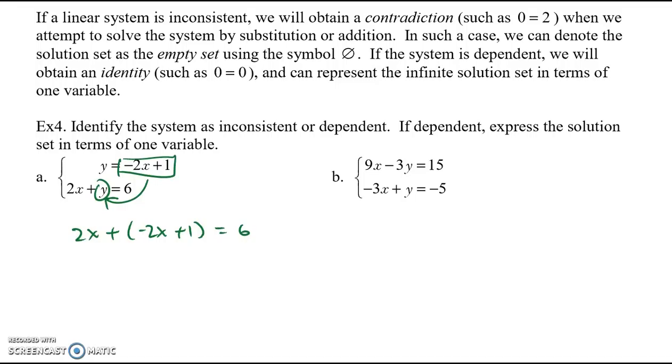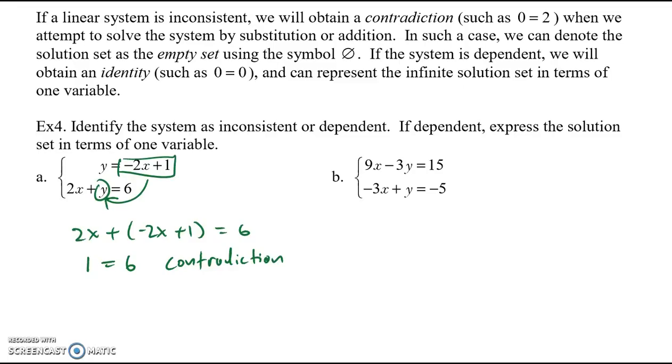That is 2x plus negative 2x plus 1 equals 6. The left-hand side simplifies simply to 1 because the 2x and the minus 2x cancel. So we obtain 1 equals 6. Well, this is an example of a contradiction.